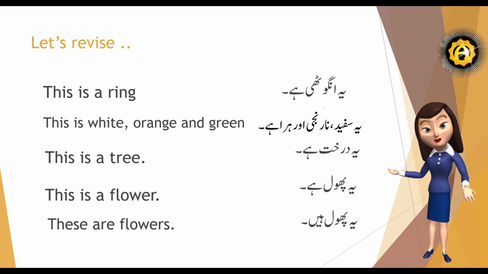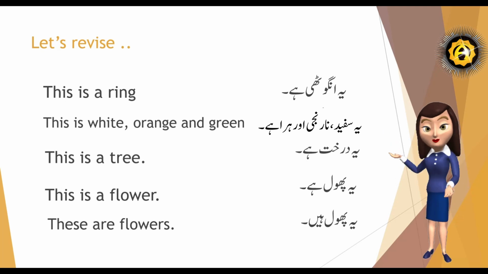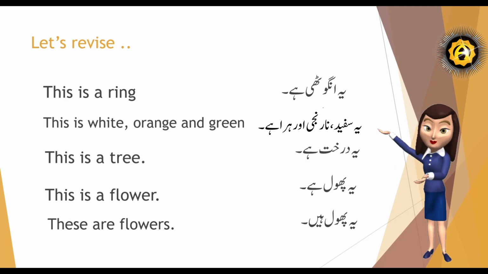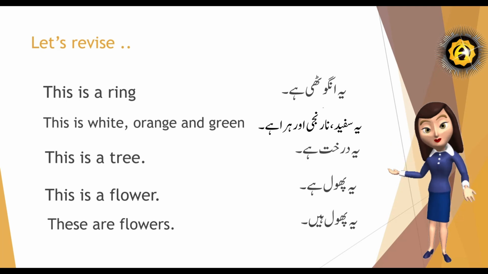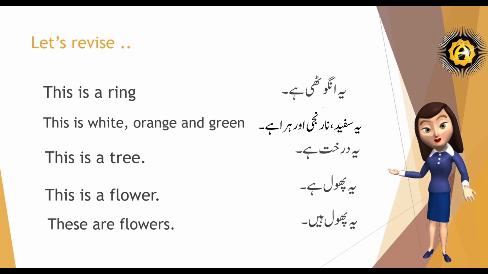Okay, so if we are talking about one flower, we say this is a flower, and in Urdu, ye phool hai. Then if we are talking about more than one flower, then we are saying these are flowers, and in Urdu, ye phool hain. We are saying hain instead of hai.